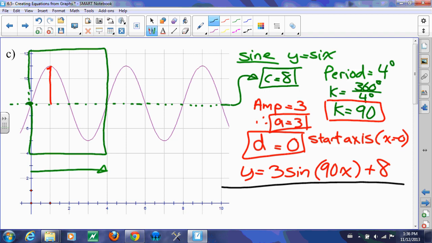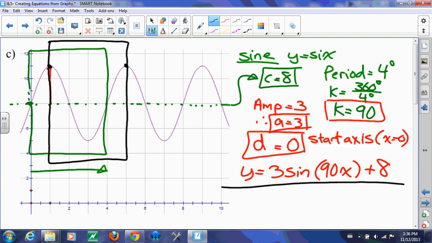If we wanted to take a look at doing our cosine, ladies and gentlemen, we would start here at our max, the first max I see, and we would end up at our second max. So if I draw this box in, we would take a look at the amplitude being the same.